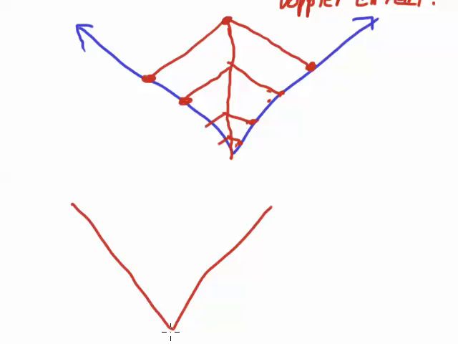Namely, if you have an object that's moving very, very close to the speed of light, and then accelerates suddenly, let's say this one is going off to the right near the speed of light, and then it stops, and it's moving that way. Well, the age of this particle is going to be determined pretty much by the length of that line there. The age of the universe is going to be determined by that line there.